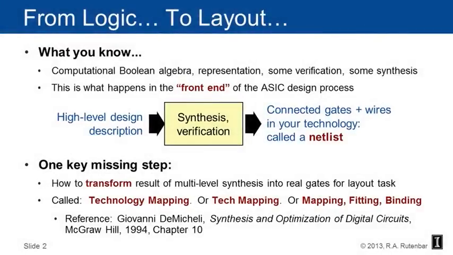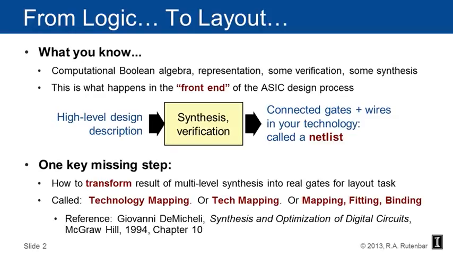So we are still sort of in the middle of our transition from logic to layout, and one of the things I mentioned in the last lecture is that there's really a missing step. And because of our desire to actually start doing some interesting projects with layout technology, we sort of inverted the order. So we're going to go back to this now. Just to review, what you know from the first half of the class is computational Boolean algebra, a lot of really interesting representation, some verification, some synthesis technologies.